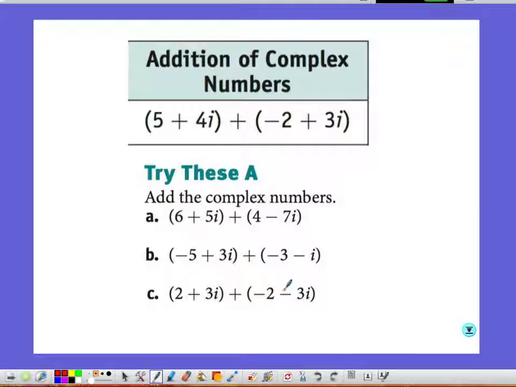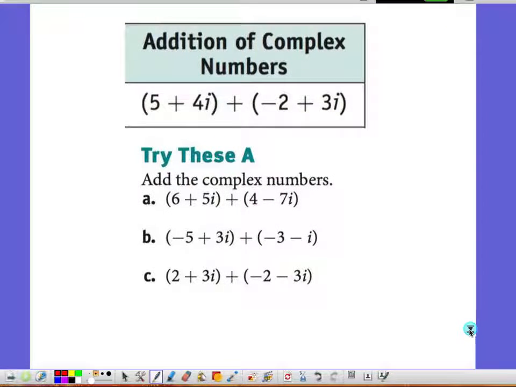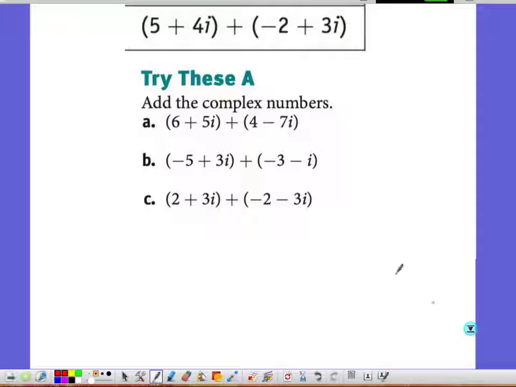The addition of complex numbers. Now, adding complex numbers is very easy. Let's just look at the first few examples here. Is there anything besides 1 outside these parentheses? No, there's nothing outside the parentheses that we need to distribute. And so basically, do we need the parentheses?